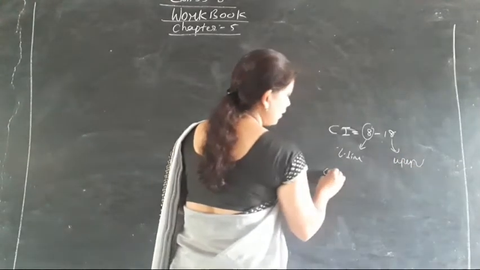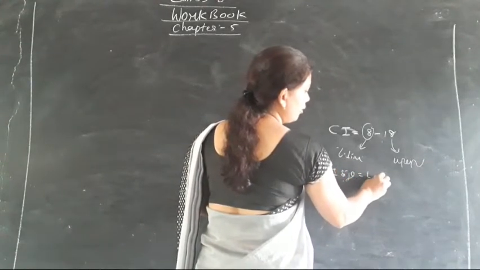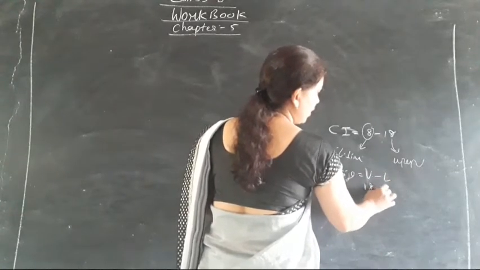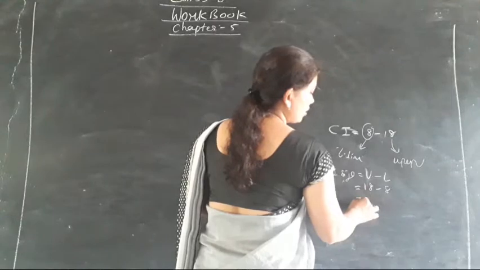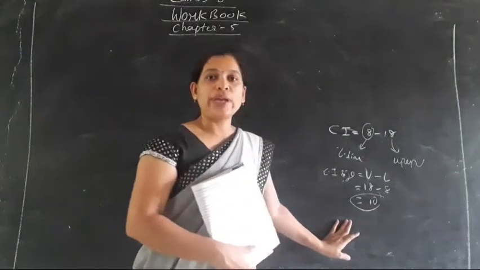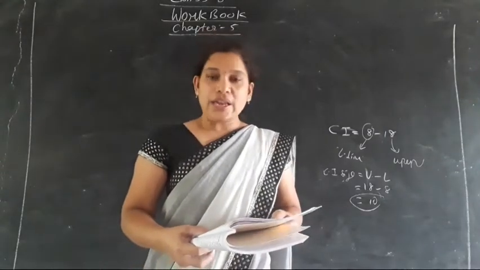Now, how to find the class size? In order to find the class size, upper limit minus lower limit. So 18 minus 8 will be equal to how much? This will be equal to 10. So this should be the class size.